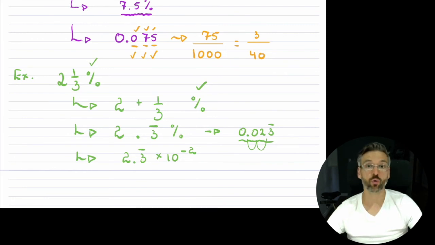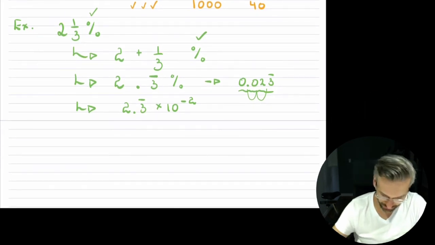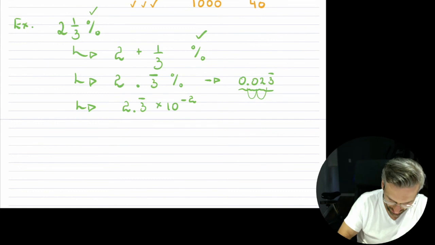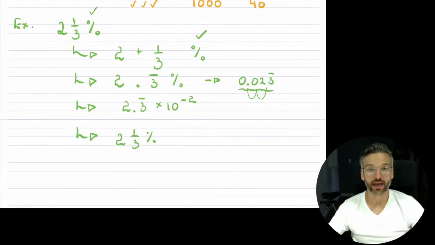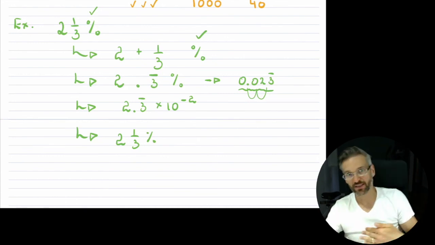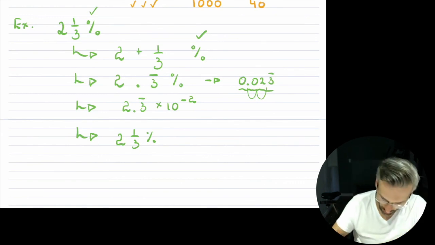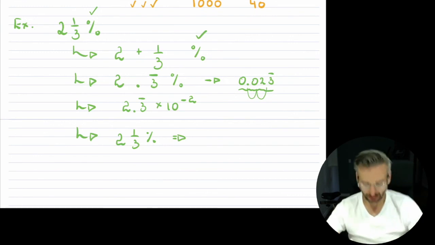And now what about a fraction or a mixed number? How do we do that? This is the last one. So we have 2 1/3%. And now we want to change it back into a fraction or a mixed number. From here, we can do one of two things.